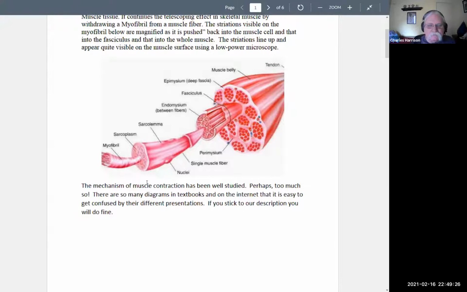Okay. You have lots of diagrams in the textbook. So many diagrams that you can get confused. So if you stick to our description here, or any one description that you prefer, I think you'll be better off than mixing a whole bunch of these.